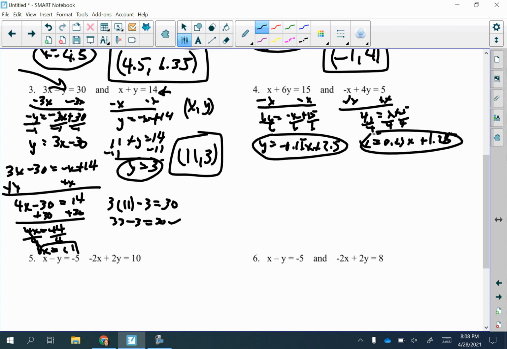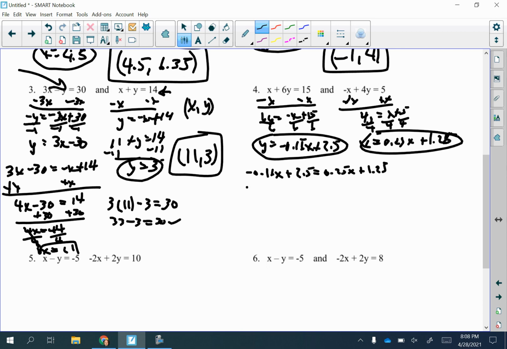Okay. So there's our two equations in slope-intercept form. So set them equal to each other. Negative 0.16x plus 2.5 equals 0.25x plus 1.25.